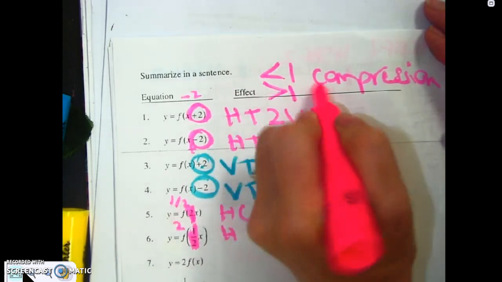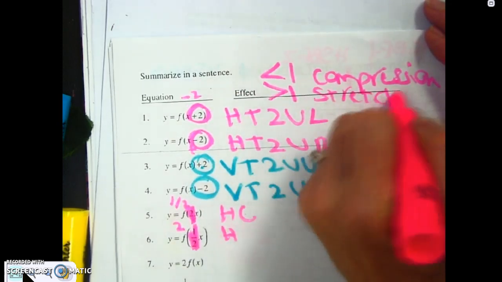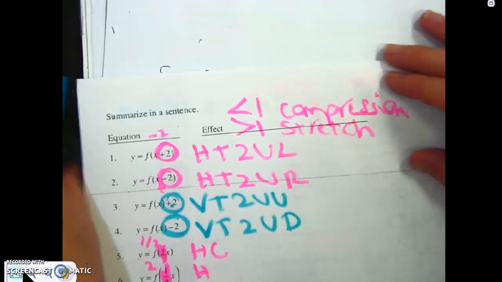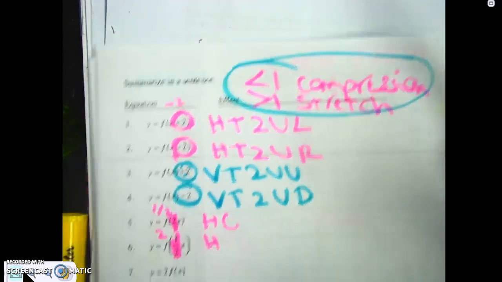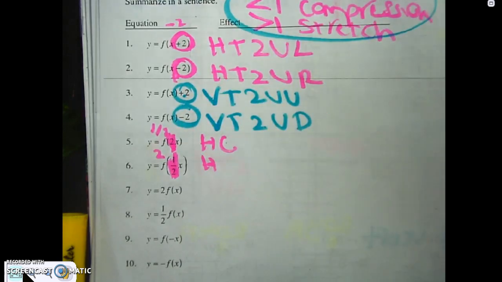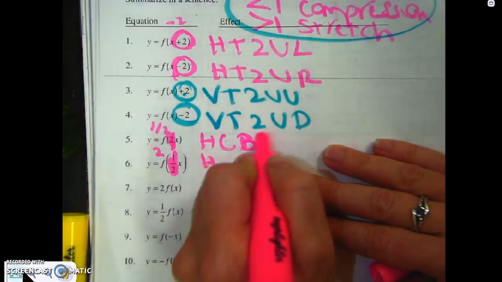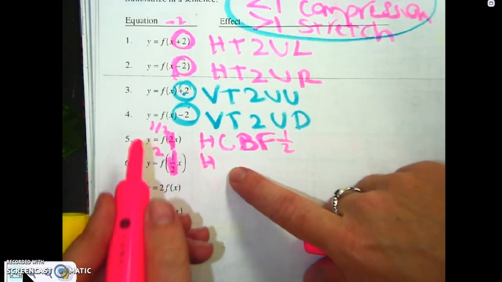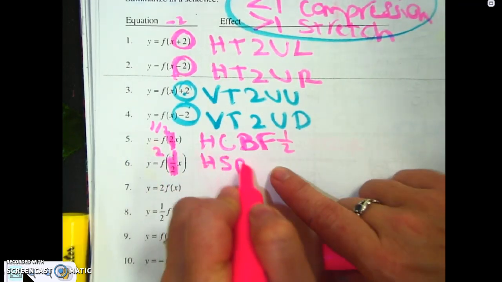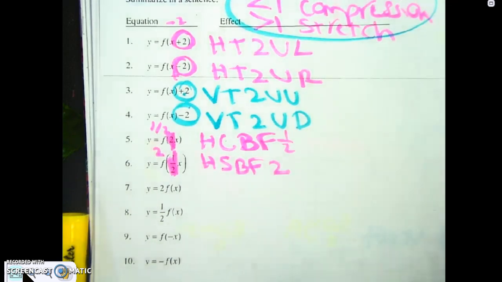And if it's more than 1, it's a stretch. Okay? Keep that in mind. So it's a horizontal compression by a factor of 1/2. And this, since it's really 2, is a horizontal stretch by a factor of 2.